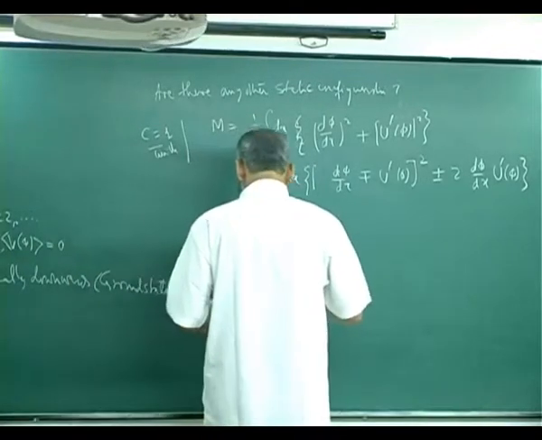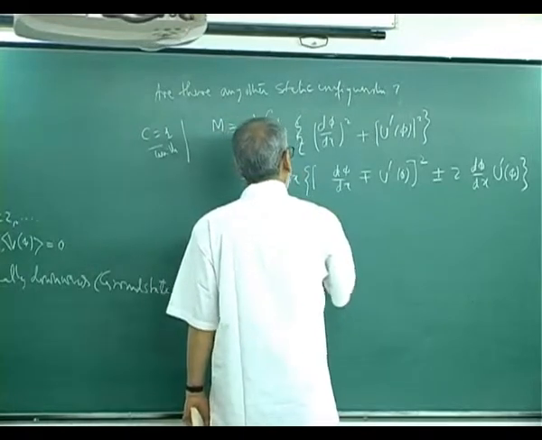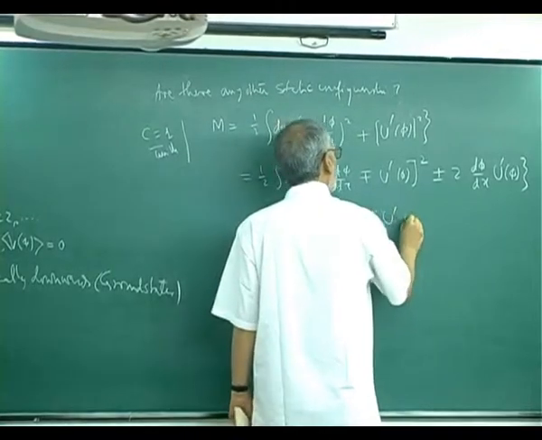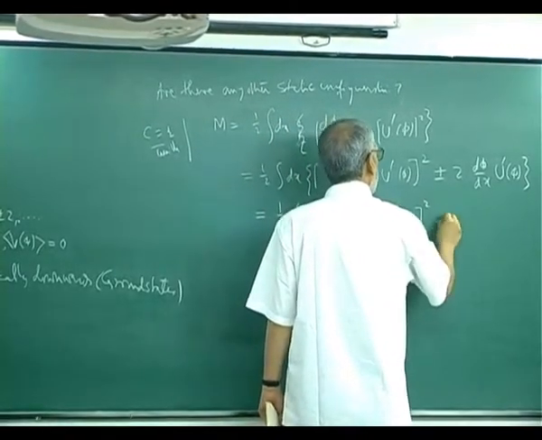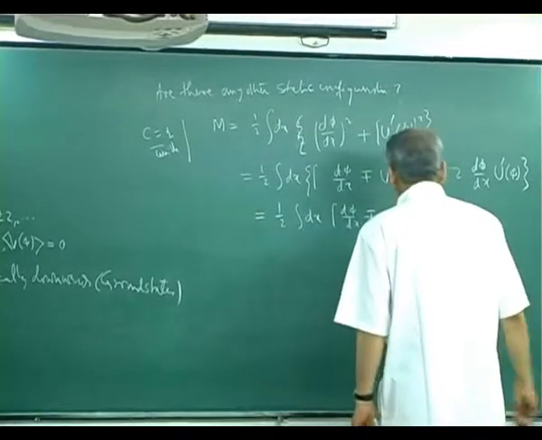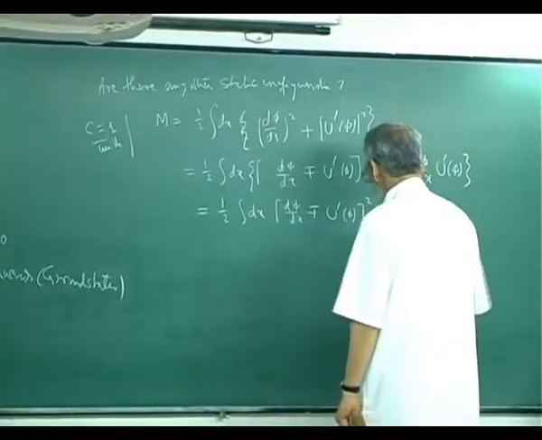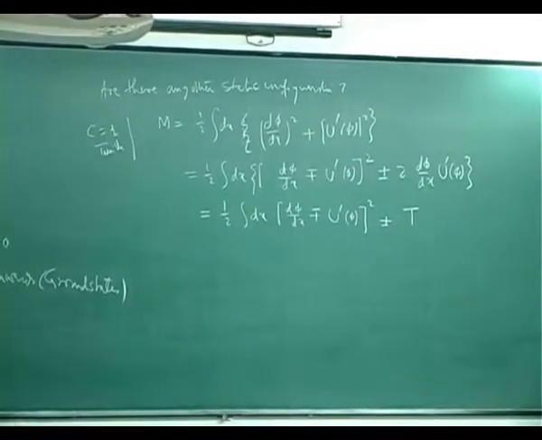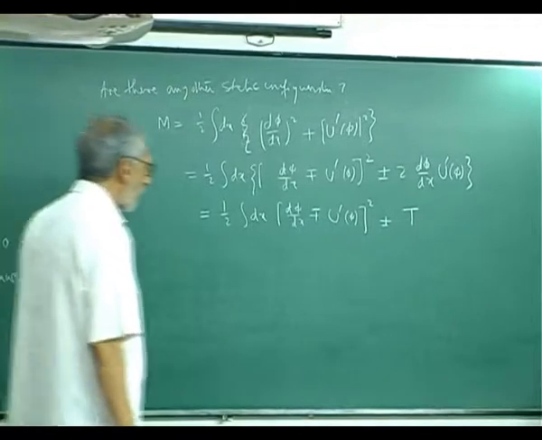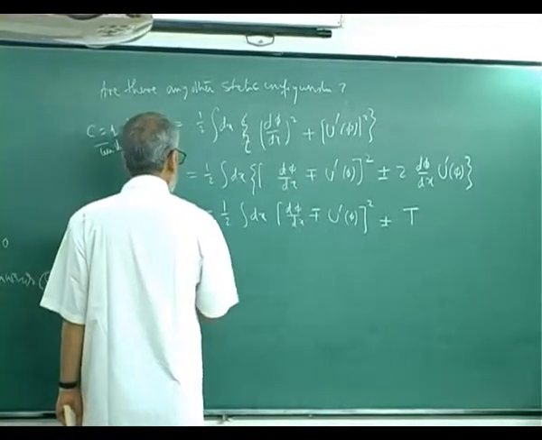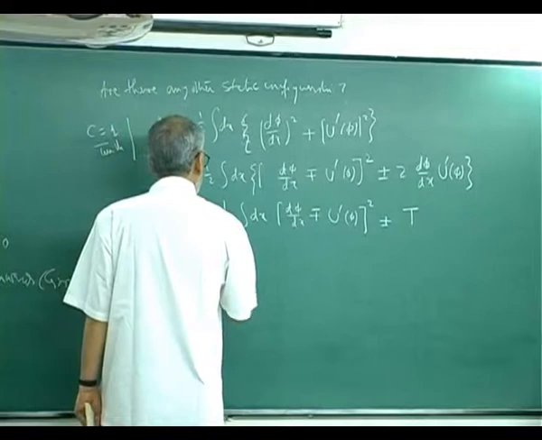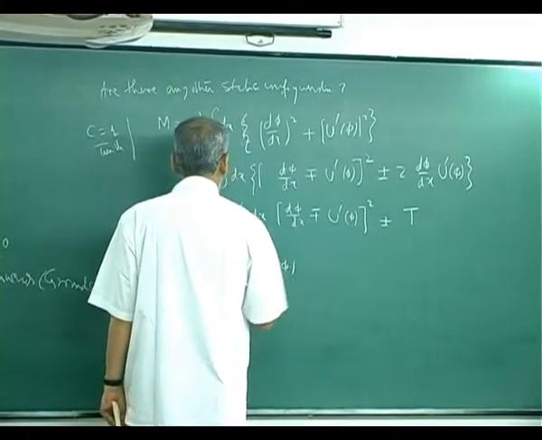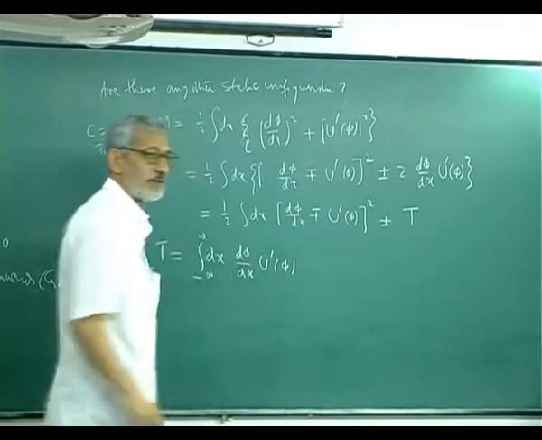And this we rewrite as half the integral dx of (d phi by dx plus minus U'(phi)) square, and this integral plus minus we call T. Let me write down T explicitly. T is the integral of d phi by dx times U'(phi) from minus infinity to plus infinity.